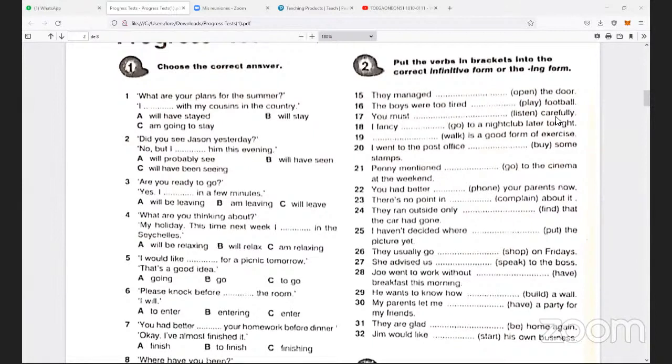In this case, it is only listen, the base form. We could add to, but after listen, right? Because we always use them together, listen to. Okay. Great.